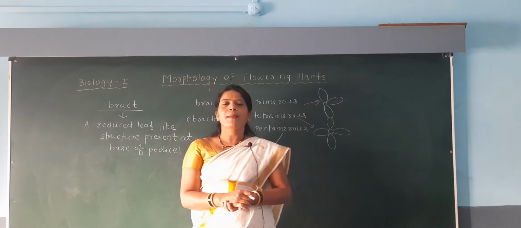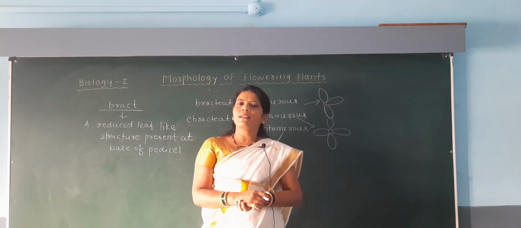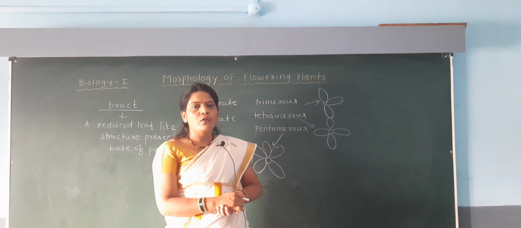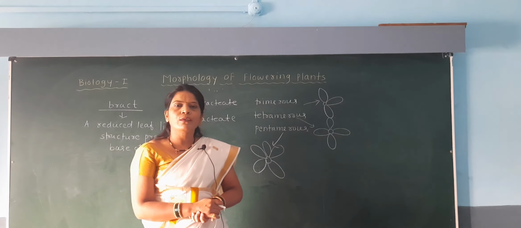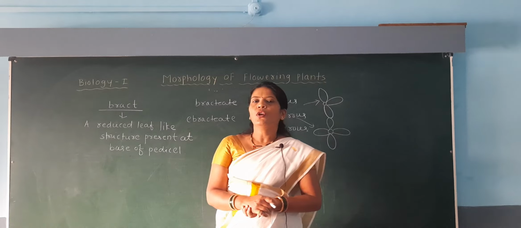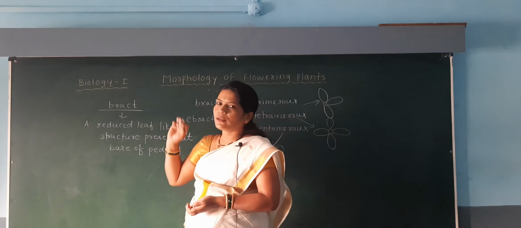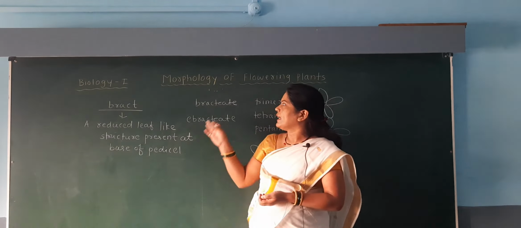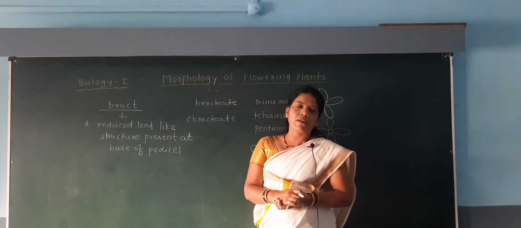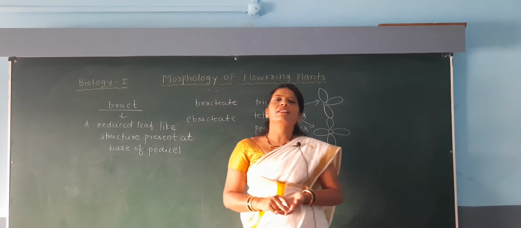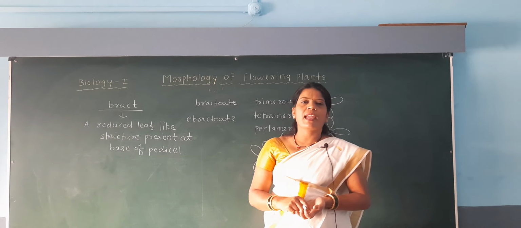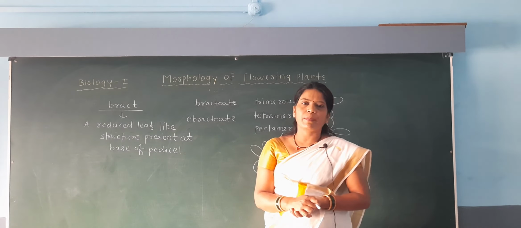We have seen 3 types of symmetry: actinomorphic means radial symmetry, zygomorphic means bilateral symmetry, and asymmetry. We have also seen the terms bisexual, unisexual, and bract, and lastly e-bracteate and bracteate flowers. We have also seen trimerous, tetramerous and pentamerous conditions of the flower, according to the number of petals present in it.